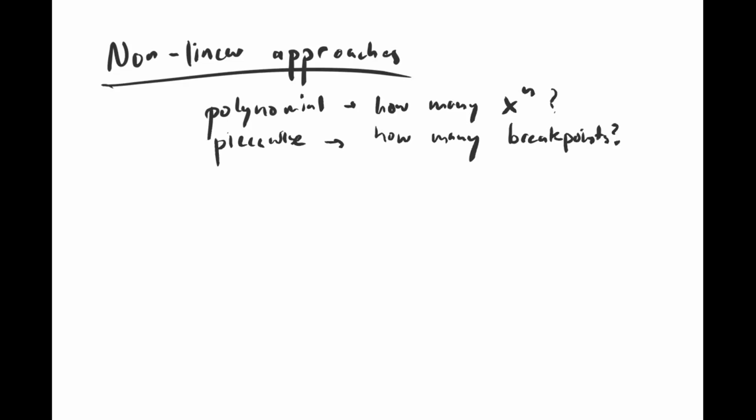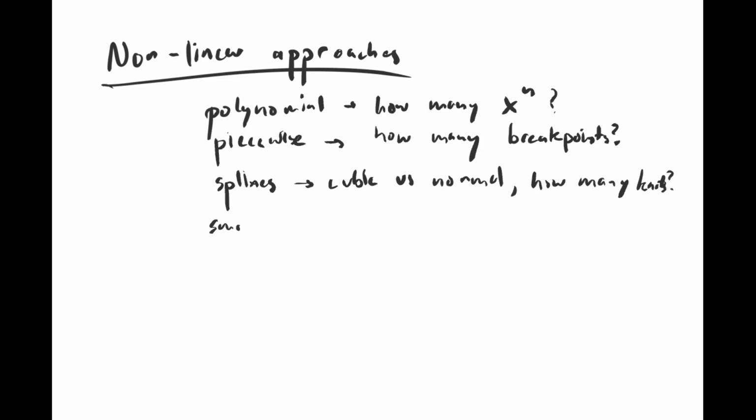Then this was further developed into splines, cubic versus normal, how many knots, and then smoothing spline, which has a knot for every point, and then we have a tuning parameter, how to choose lambda. And the answer to all of these questions is cross-validation.